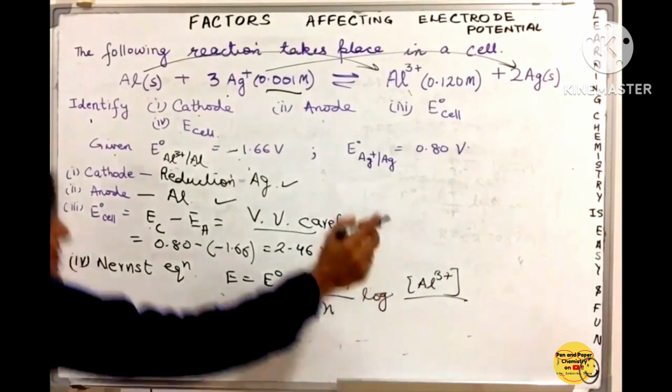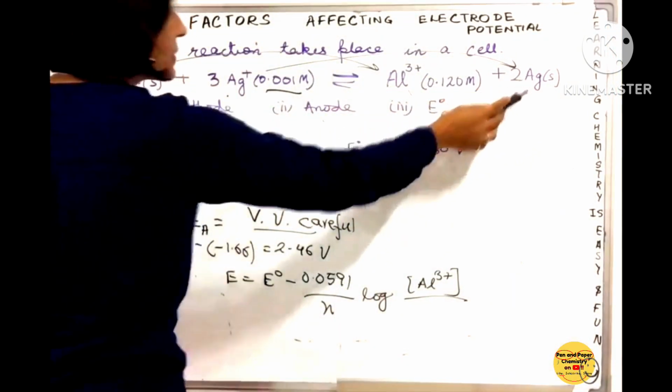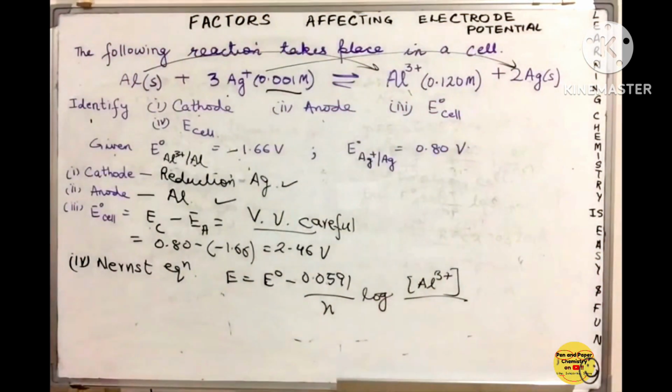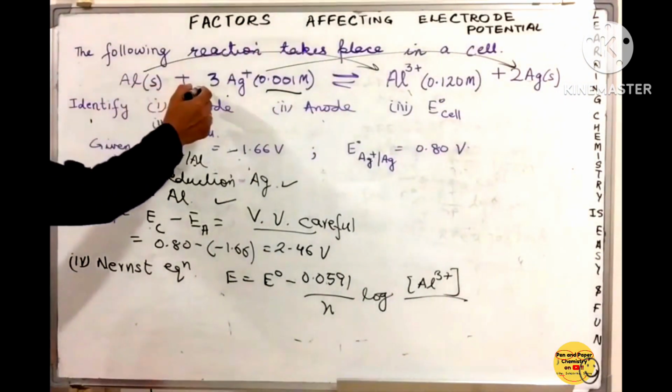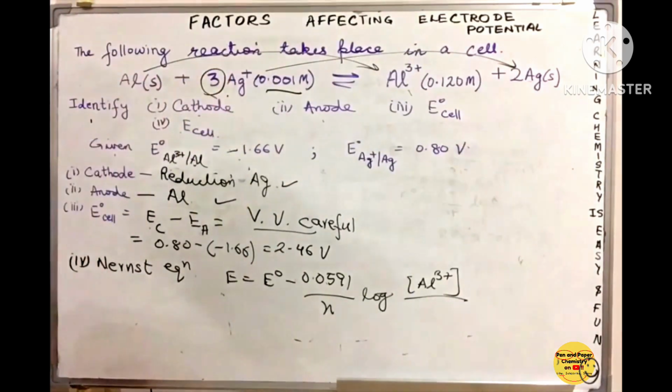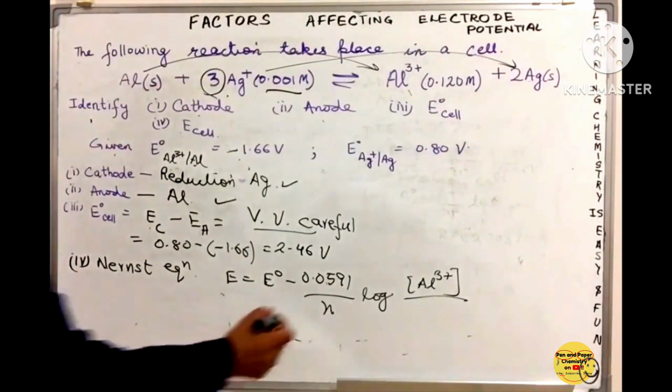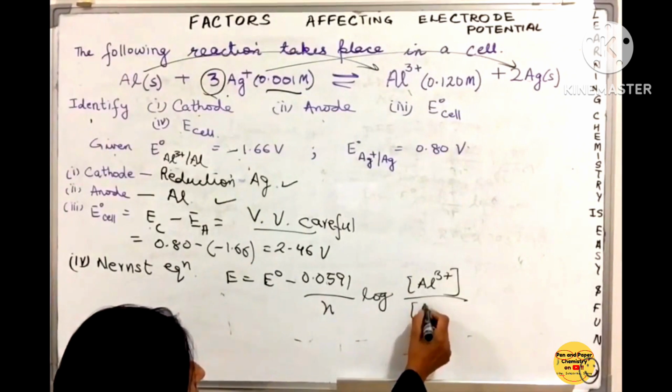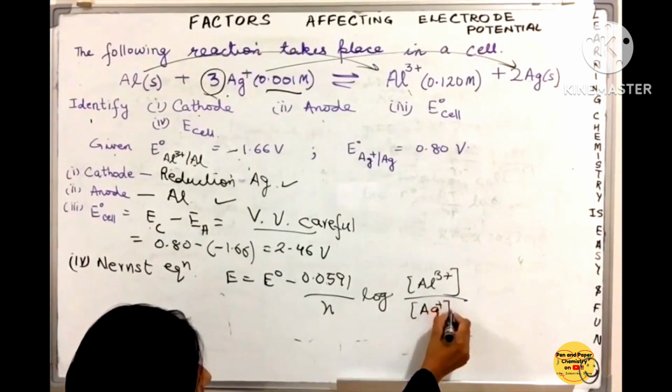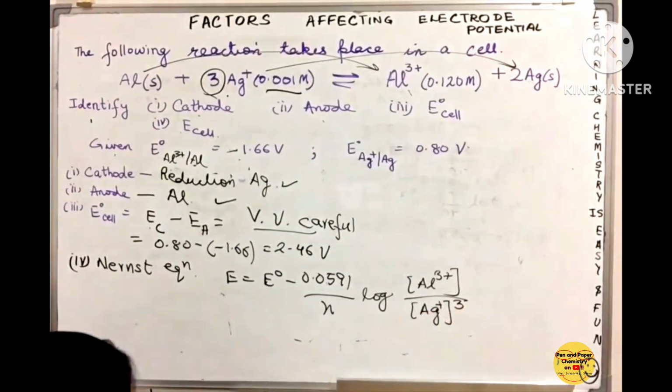What about silver, Ag? Do I put this value? No, because it's a solid, so the value is 1, divided by the concentration of the reactants raised to the power of their coefficient. So we will have over here Ag+, whole thing to the power 3.